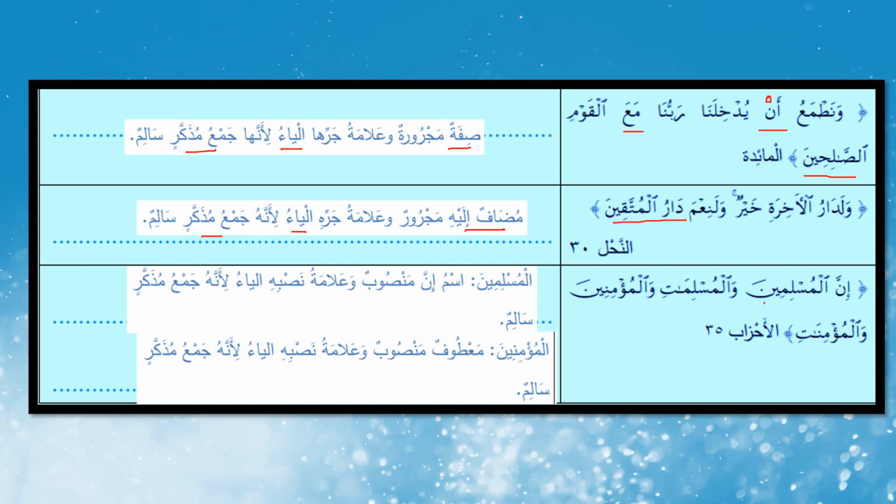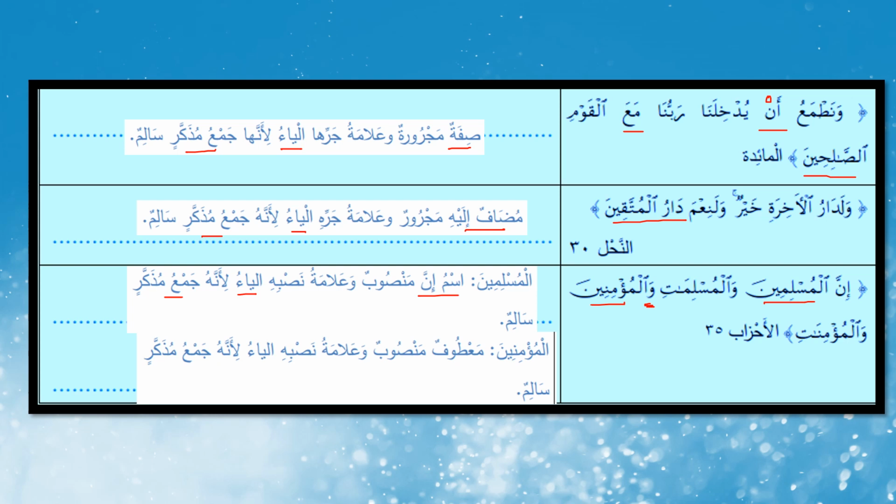Innal muslimina wal muslimat wal mu'minina wal mu'minat. So our Jama muzakkar is in ism inna mansoob. So muslimina, the first one is ism inna and it's mansoob because it's with ya, it is Jama muzakkar. But what about the other one? Wal mu'minin, it's after the waw atf. What is the rule of waw atf?